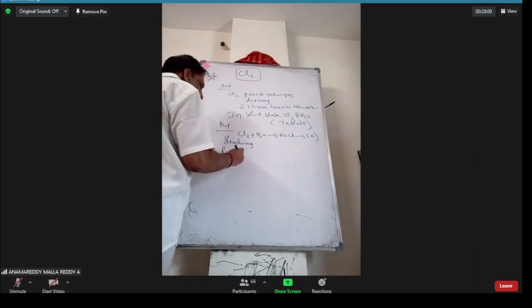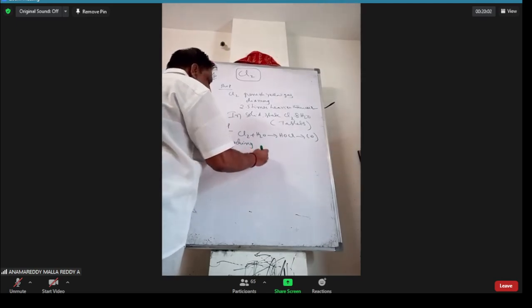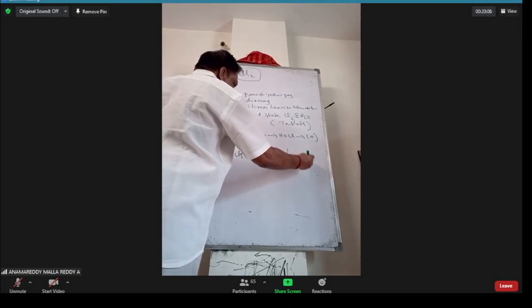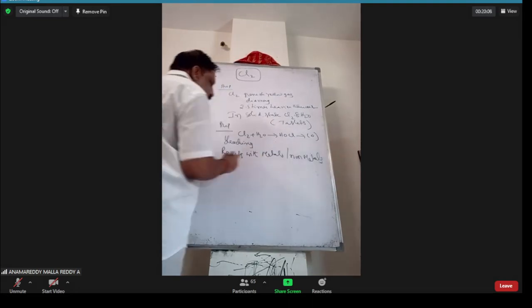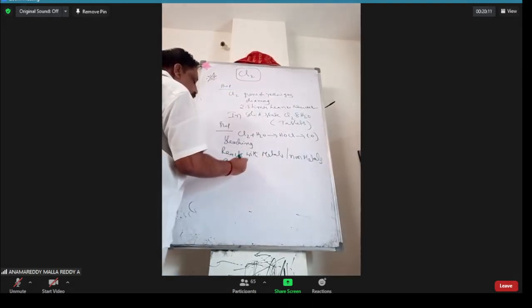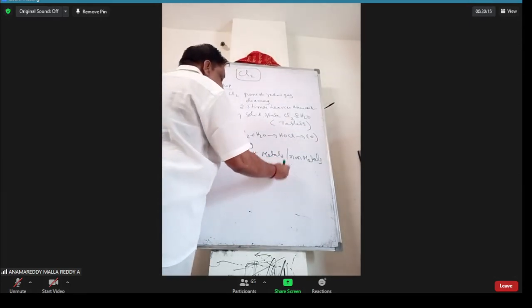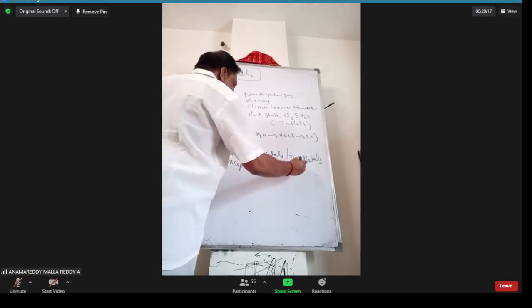It reacts with metals and non-metals, except noble gases and noble metals like platinum and gold.